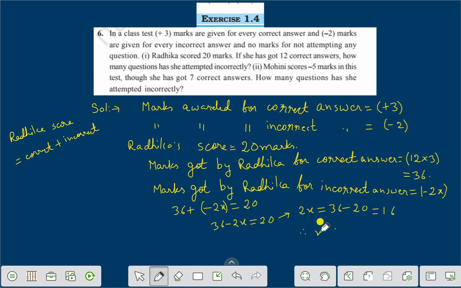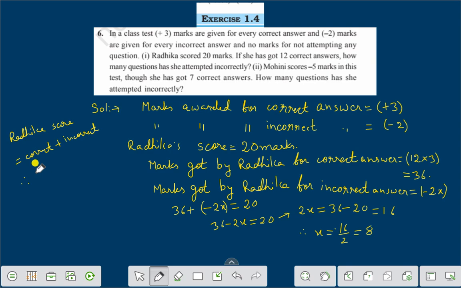Therefore, x is equal to 16 by 2, that is 8. Okay. Therefore, if she got 12 correct answers, how many questions has she attempted incorrectly?